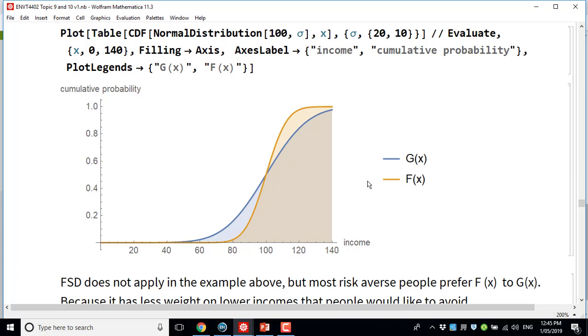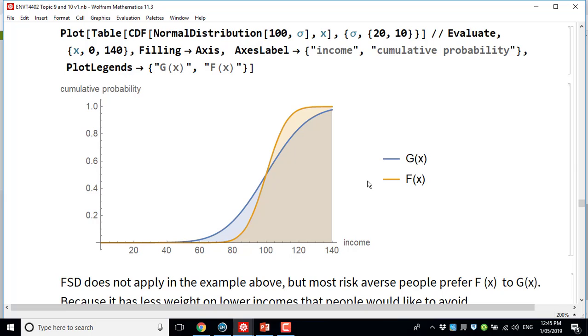For example, here you have more chance of getting, say, $60 or $70 with the blue one compared to the orange one. Here the orange one dominates, but here you have the blue one. So there is an intersection, and there is no clear separability between these two distributions.